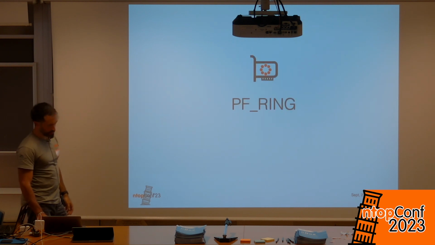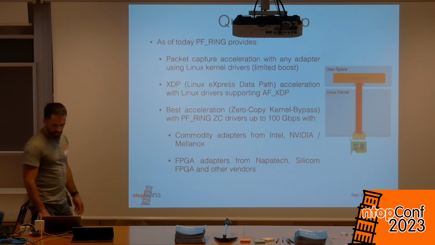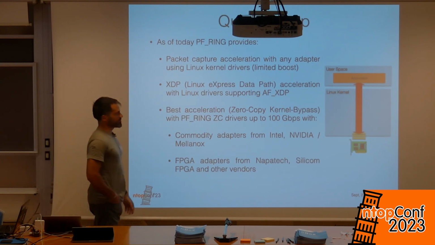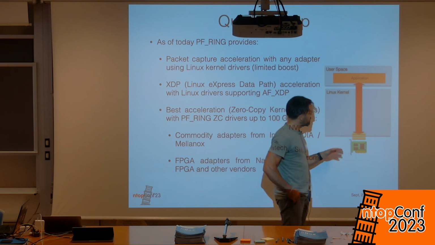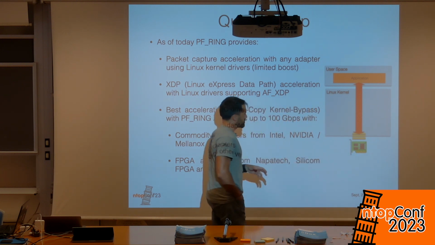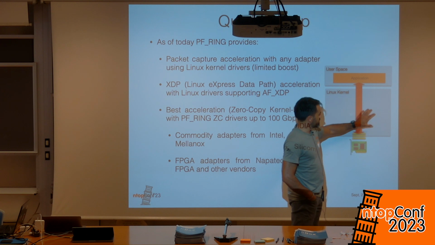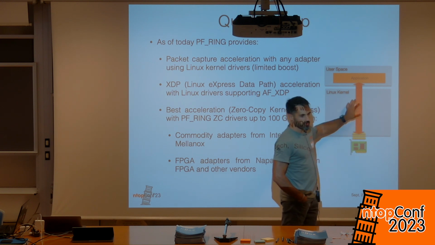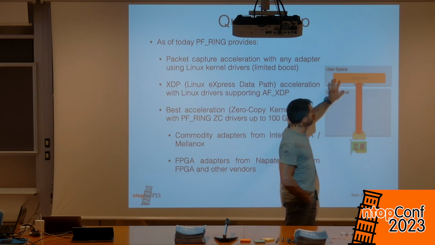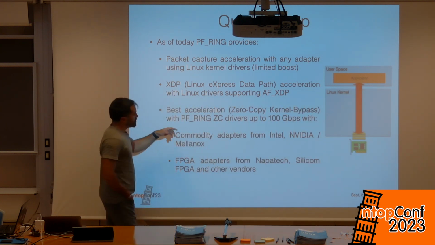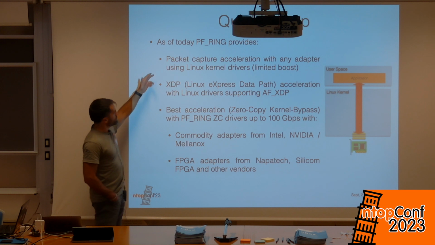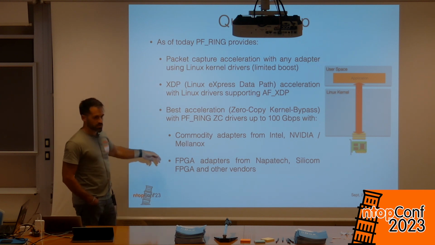Let's see PF_RING. PF_RING is our packet capture framework. So this is a set of drivers, let's say, that we developed. And it's actually a kernel module for Linux, so it runs just on Linux, plus a library. And we support packet capture using different levels of acceleration.